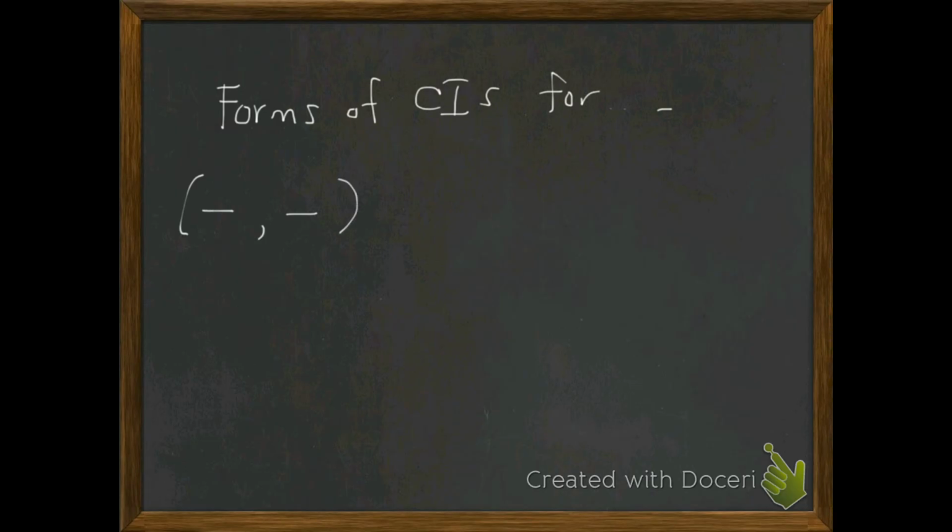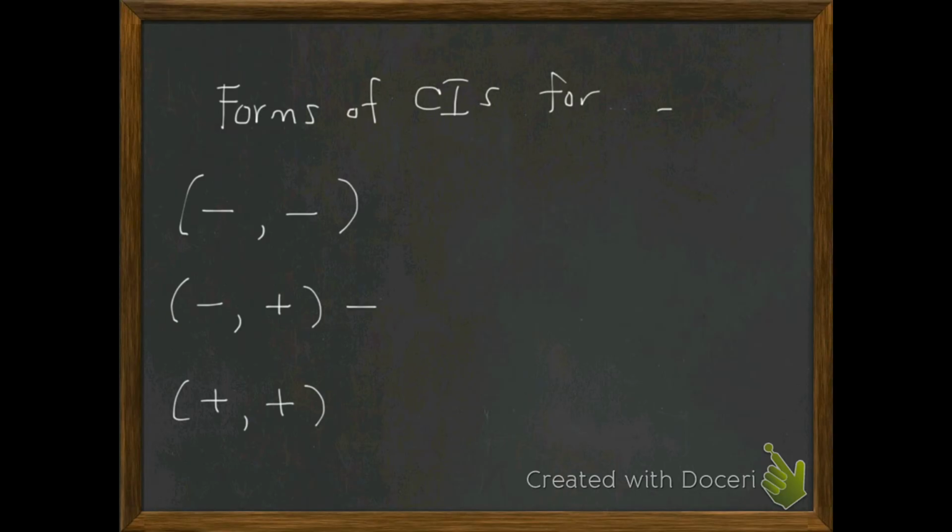Now let me show you about forms of confidence intervals for the two sample problems we're working. Every single confidence interval that you get for a two-sample t-test is going to come in the form of either negative, negative; negative, positive; or positive, positive. In an undergrad class, I take a little bit of time to explain that. I think that we all get that.